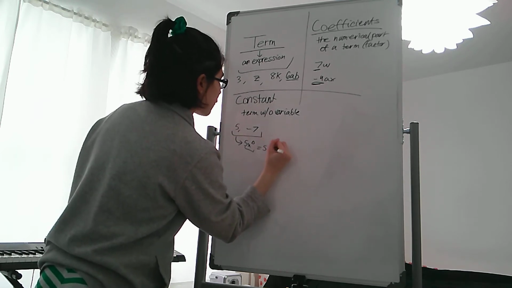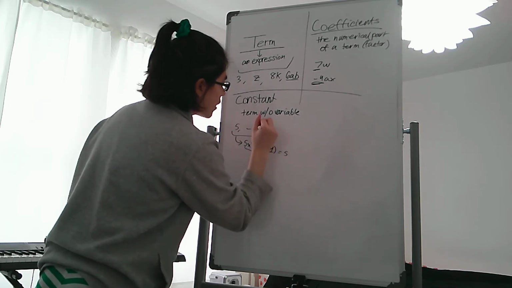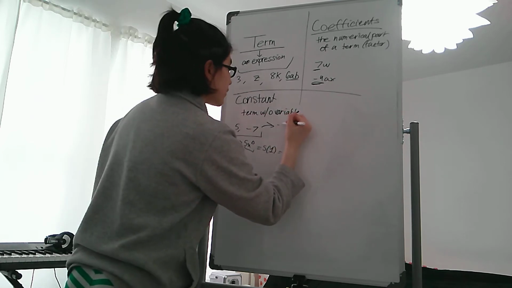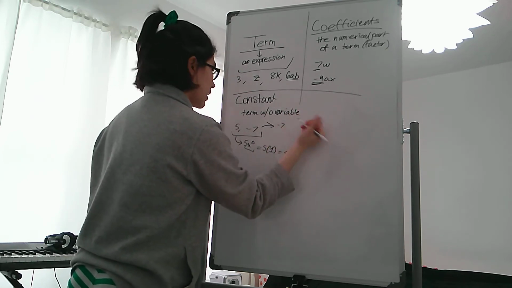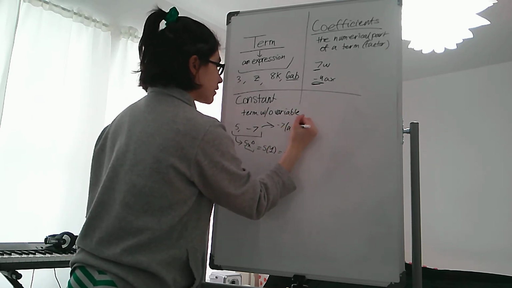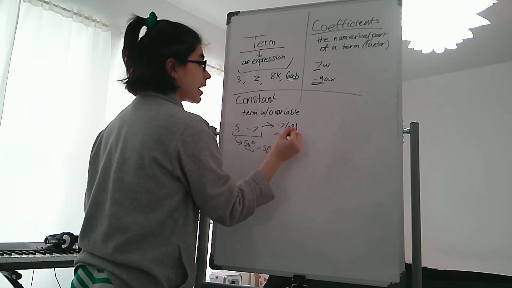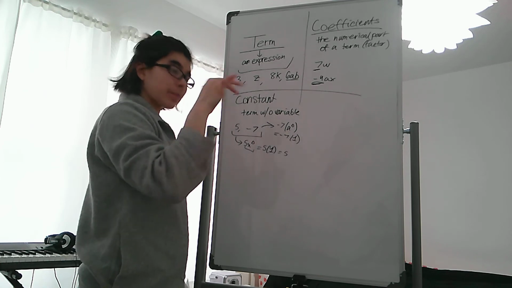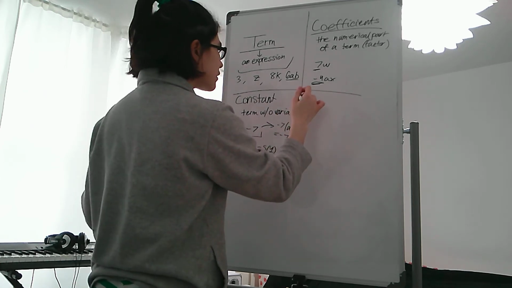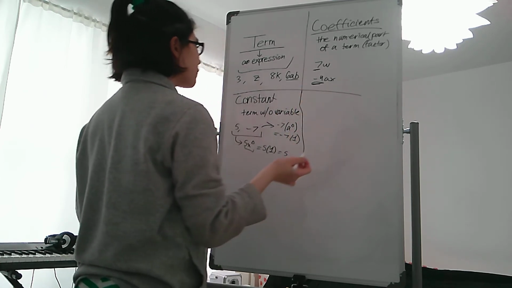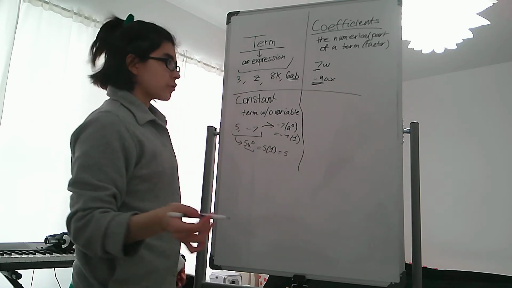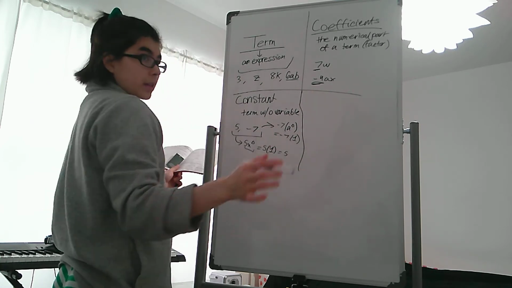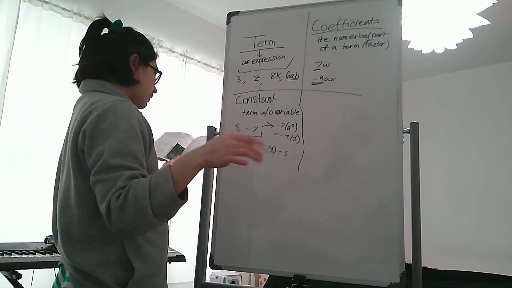So that would just be 5 times 1, which is 5. And similarly, you could rewrite -7 as -7 times a to the 0 power, and that would again be -7 times 1, because any number raised to the 0 power is just 1. So that's a little technicality that I wanted to make a note of, because I think it's interesting to consider.